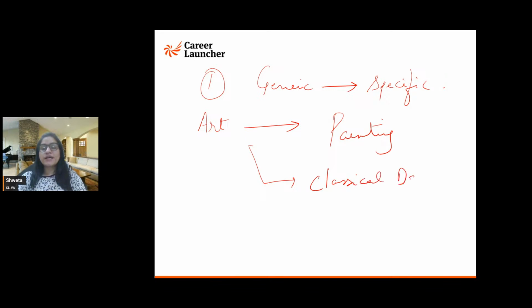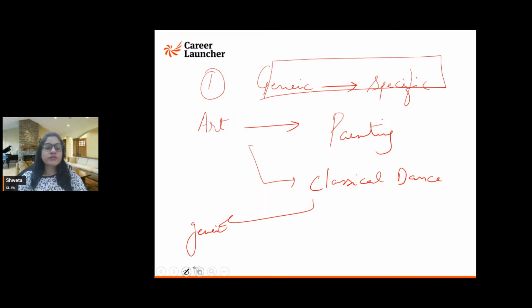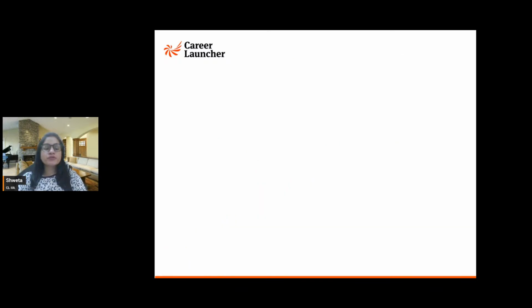Dance is also a form of art, and that too becoming specific about classical dance, and then becoming generic about art again. So the approach is always going to be from generic to specific. This is something we can try to understand.